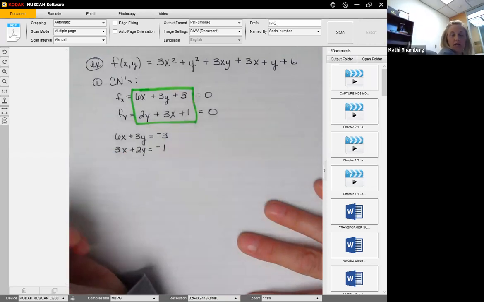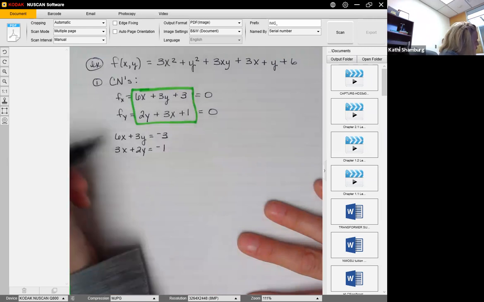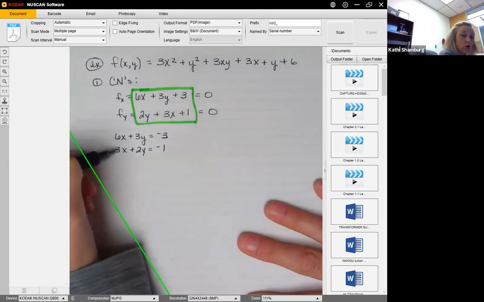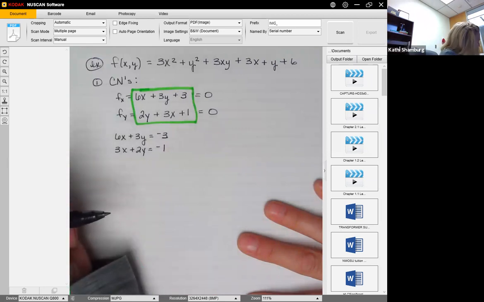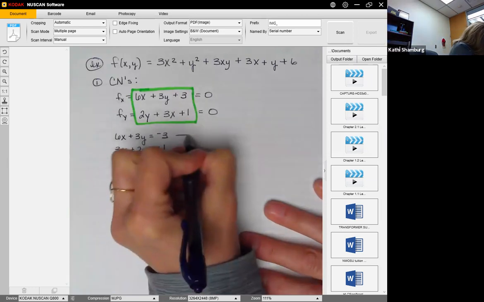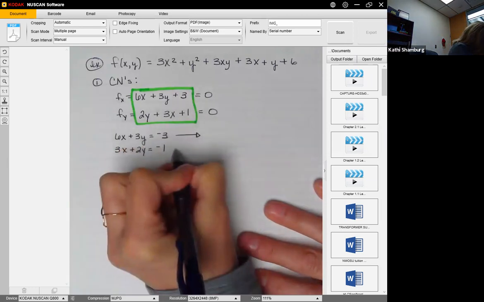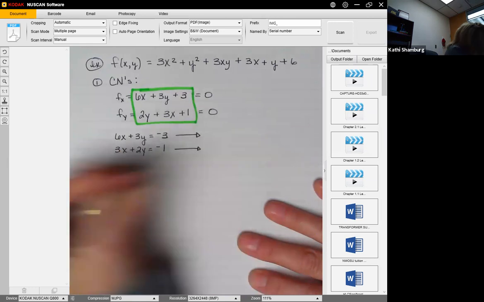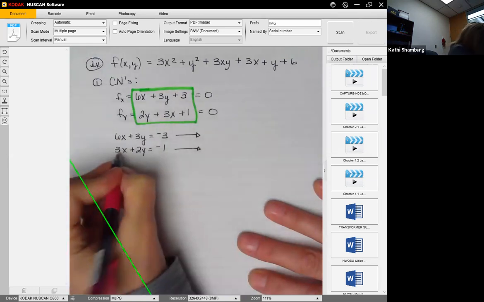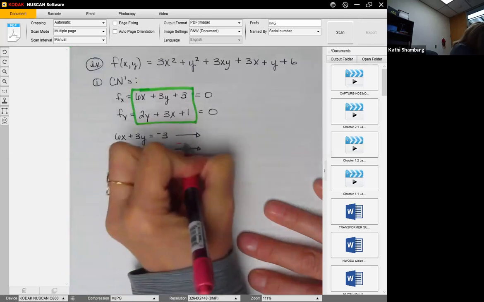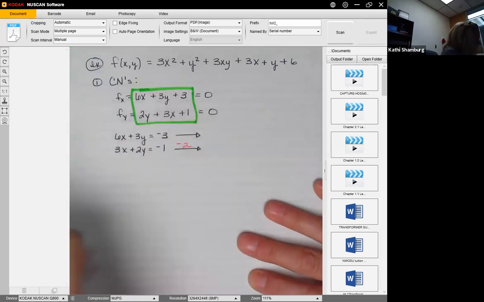In the elimination method, or the addition method, we want either the coefficients of our x terms to be opposites, or the coefficients of our y terms to be opposites. I'm going to eliminate my x's. This is 6. I can multiply 3 times -2, and that would give me -6.